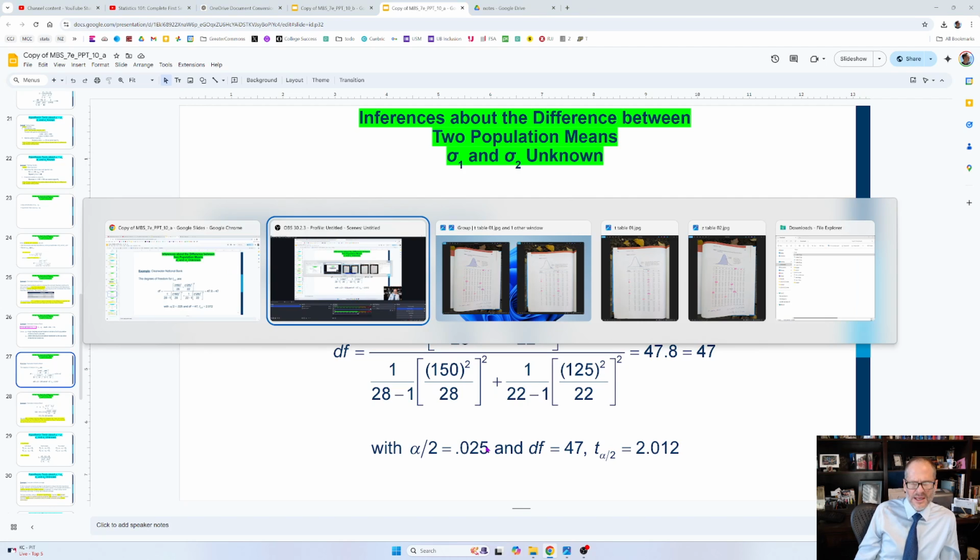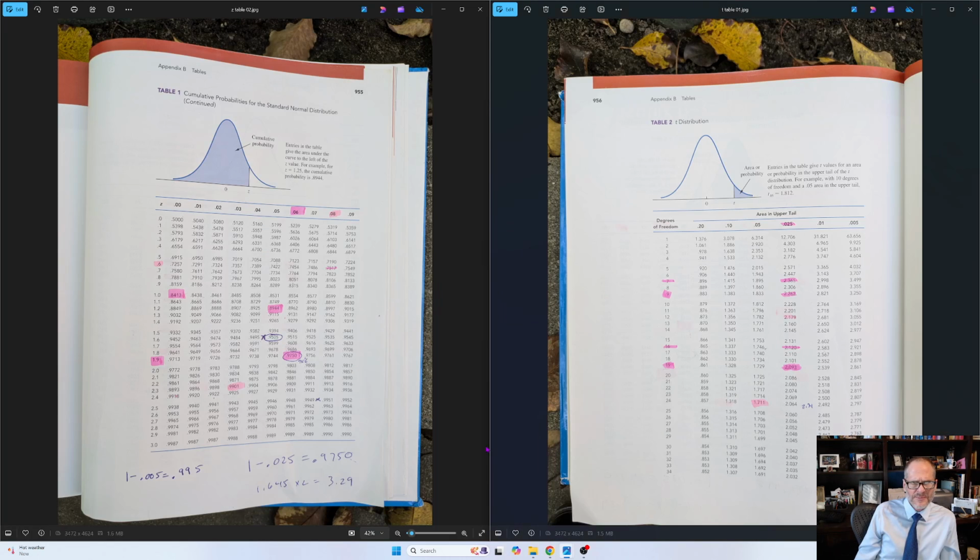And now let's take a look at the difference between the z-table and the t-table. Here's from the back of the textbook. This is the z-table, and here's the t-table, right? So the t-distribution. In the z-table, you can see that the z-value is on the left and the top, so it's the row header and the column header.